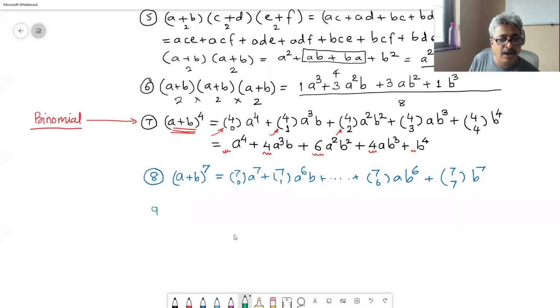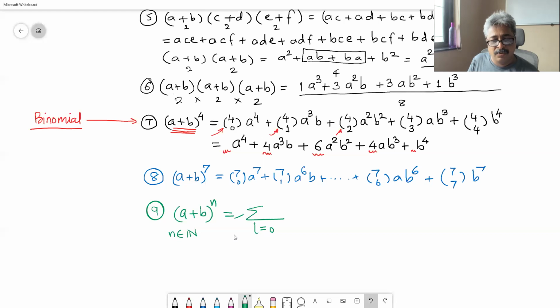And hence now we are going to write down the celebrated theorem: (a plus b) raised to n, where n is a natural number, is equal to, add all those terms, start from 0. I don't know whether you know this notation or not. We will discuss it, or maybe not now.